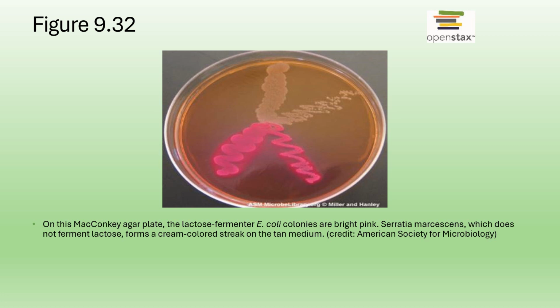It's definitely not this bright fuchsia. So MacConkey agar is selective in that only your gram-negatives will grow. It's differential because you can just look at this plate and very easily distinguish that the bottom half has a lactose fermenter and the top part does not. You can tell that by looking at it.